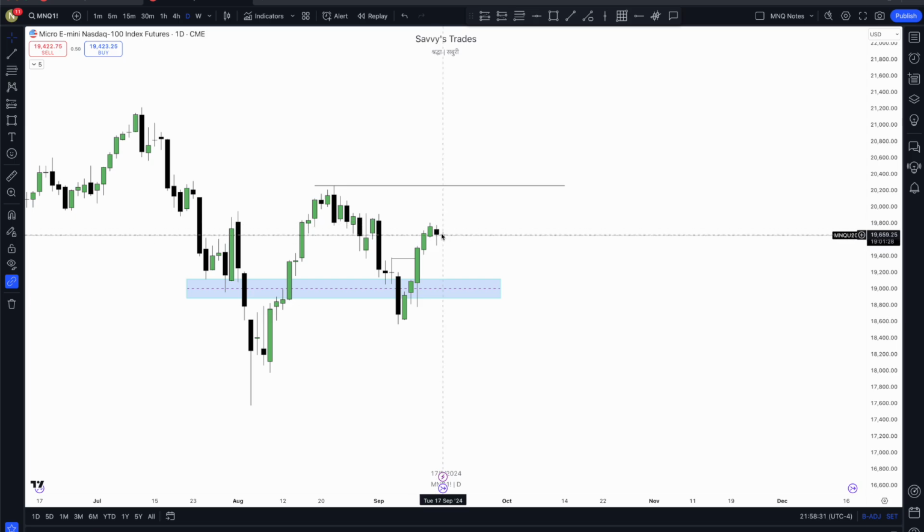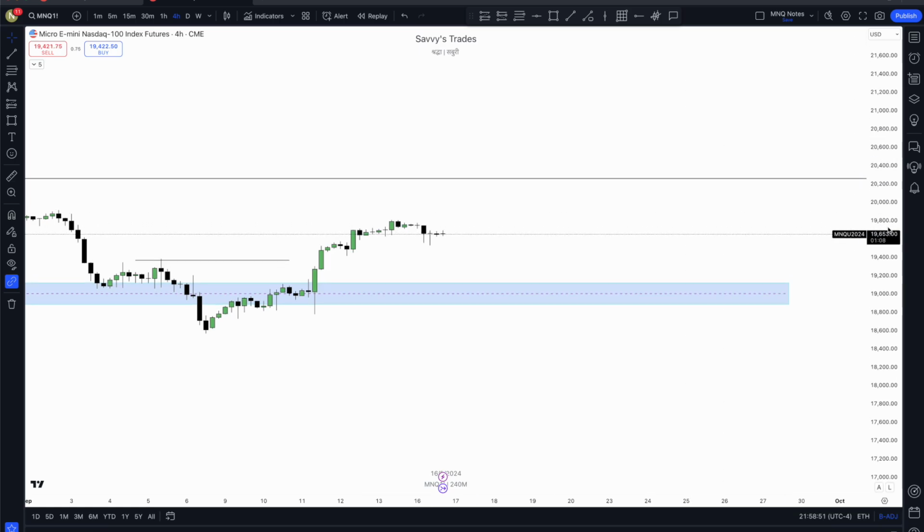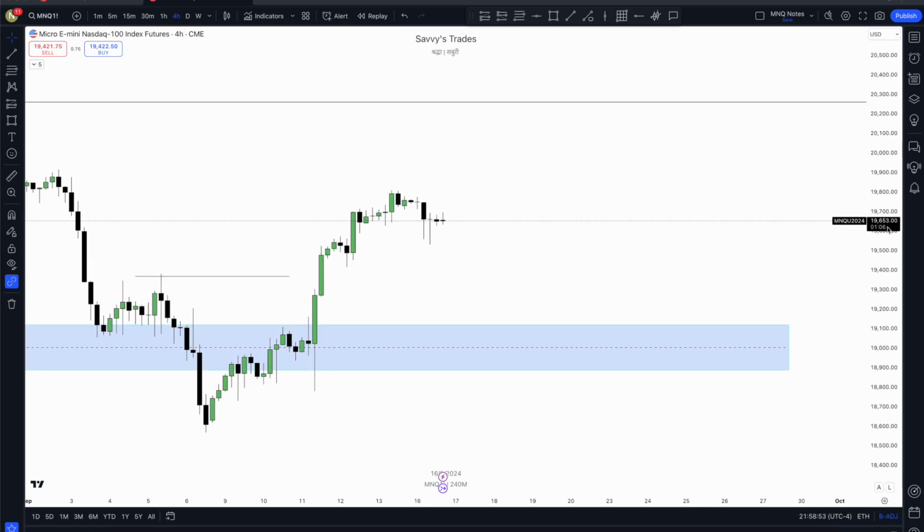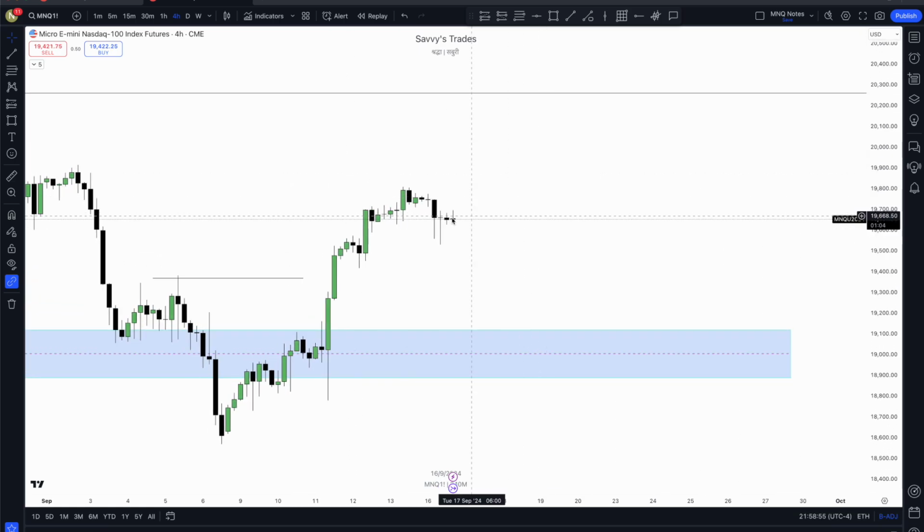So what I like to do is go to the 4-hour chart and wait for the 6 a.m. candle to close, because that will give us a confirmation whether price is truly bullish in the short term, or we might see a retracement. So let's go down to the 4-hour and see how price moved today. So here you could see this is our 6 a.m. candle.